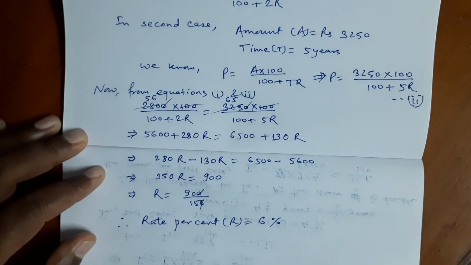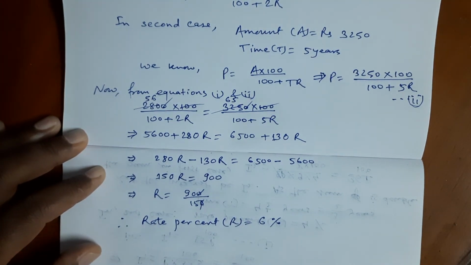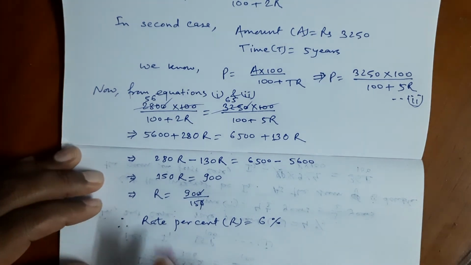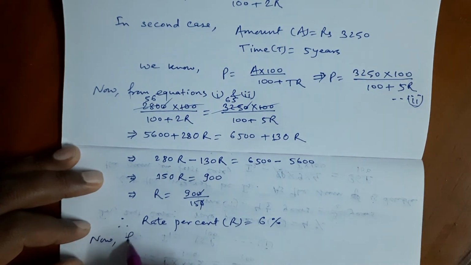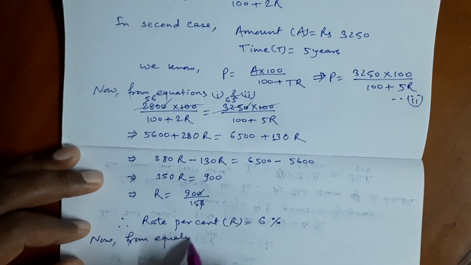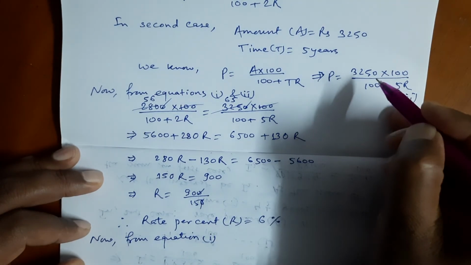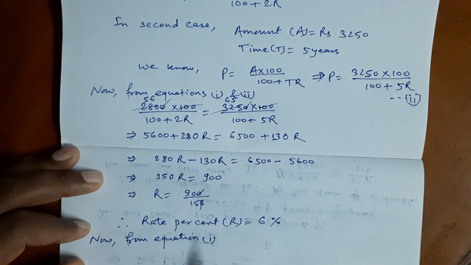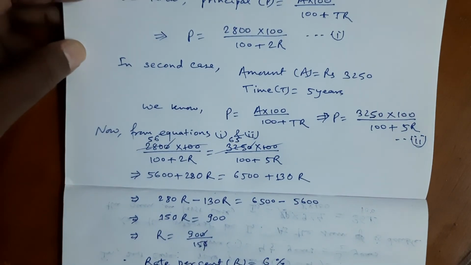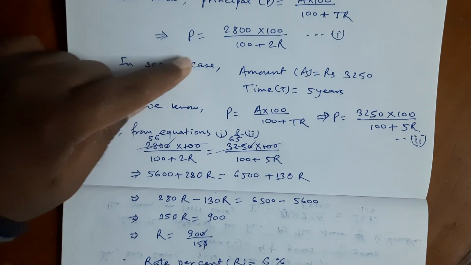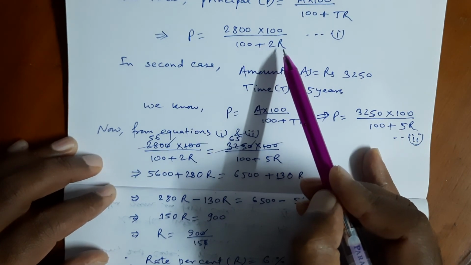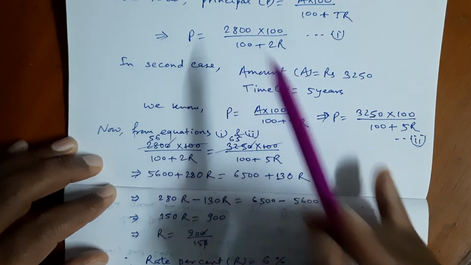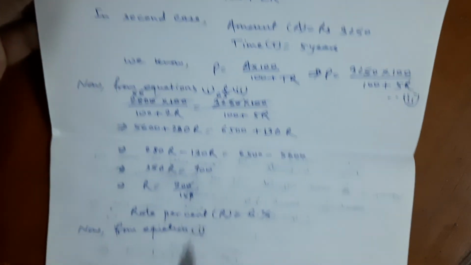Now we have to find the sum, that means the principal. From equation 1 or 2, any equation we can use, but it will be convenient to use equation 1 because the numbers are smaller to calculate. In equation 1, we will substitute the value of R and find principal P. Let's do that.